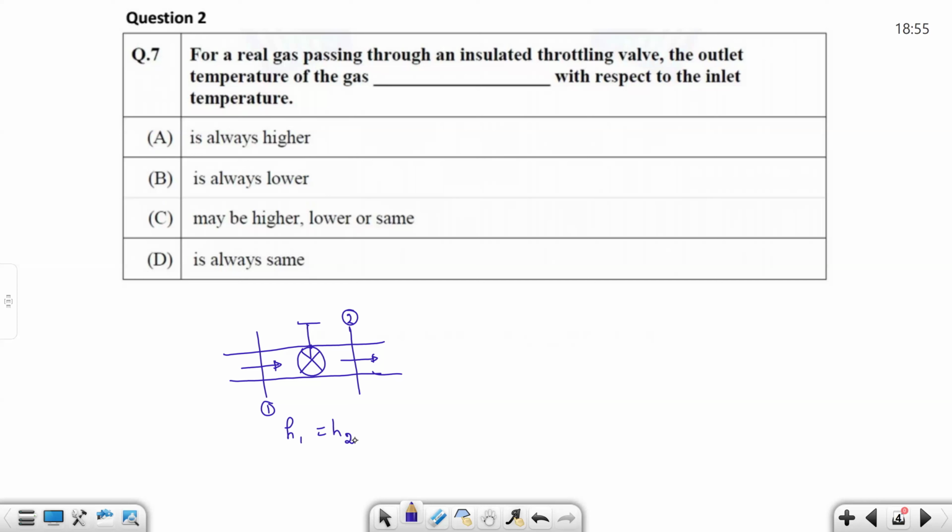So we have seen if the Joule-Thomson coefficient μj is positive, cooling effect. Joule-Thomson coefficient is negative, heating effect.